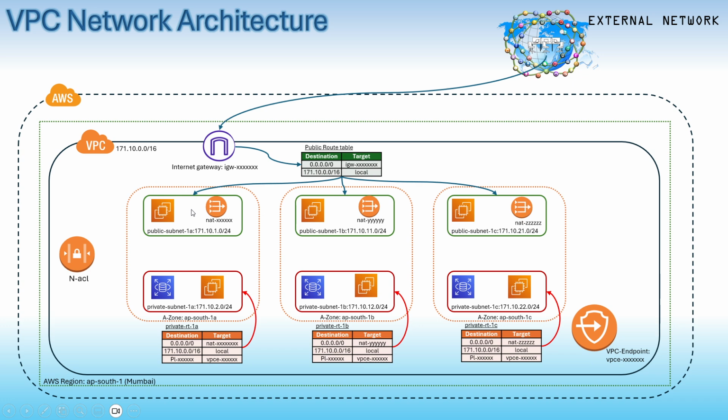Okay, and the private subnet has its own route table. We need to create it. In that we need to specify the NAT gateway, whose destination will be the world.